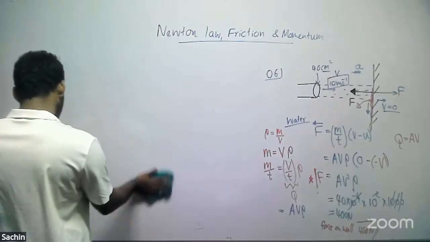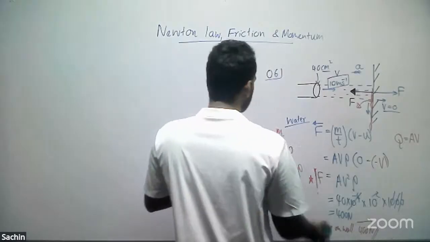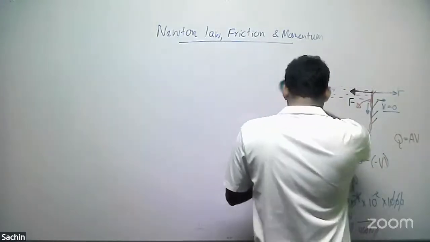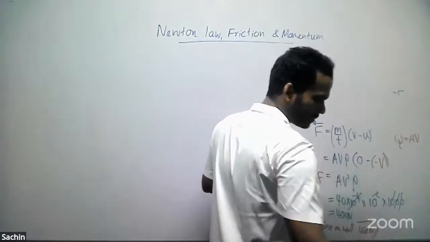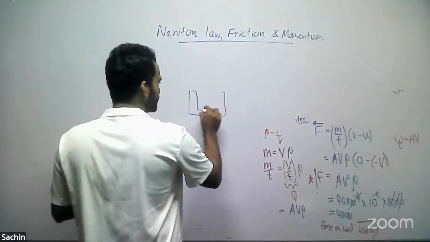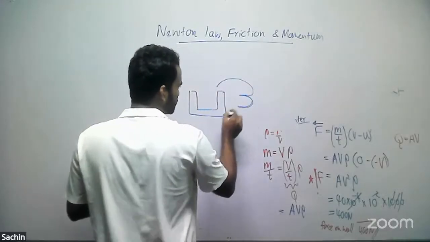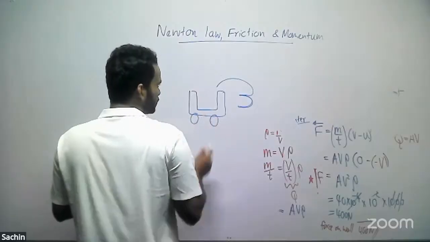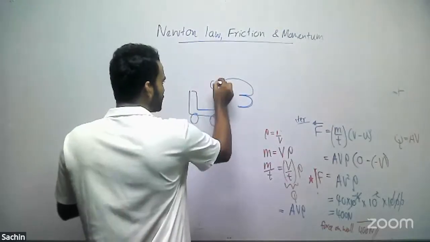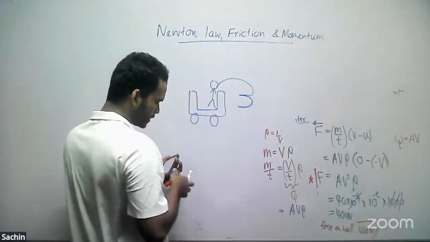Which of the following statements made about the trolley is true? They are asking which of the statements about the trolley is correct. This is simple theory. A magnet is placed and it pulls from the front. So the magnet is going to apply a certain force on this iron trolley, but can it influence the motion?